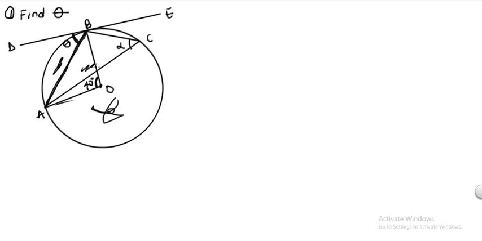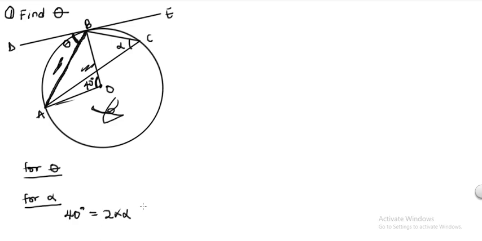So because it subtends an angle at the circumference and at the center of the circle, we can relate the angles. For us to get alpha first, the question is saying we should find theta, but to get theta, we have to get alpha. So for alpha here, we'll simply say 40 degrees is equal to 2 times alpha.